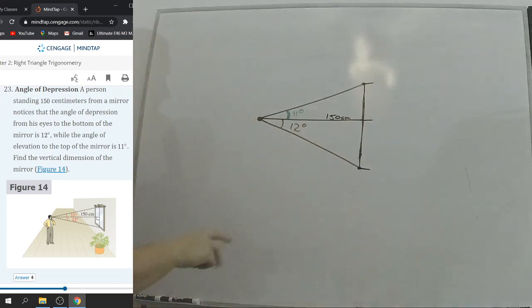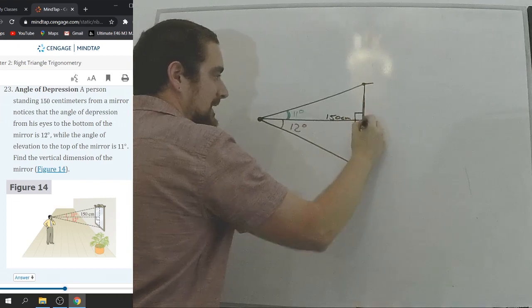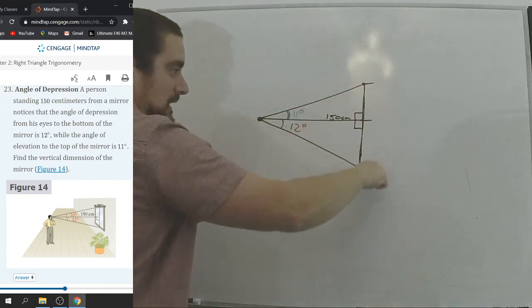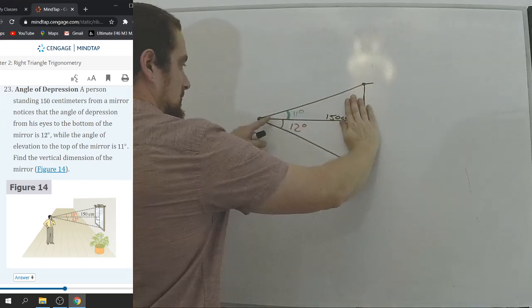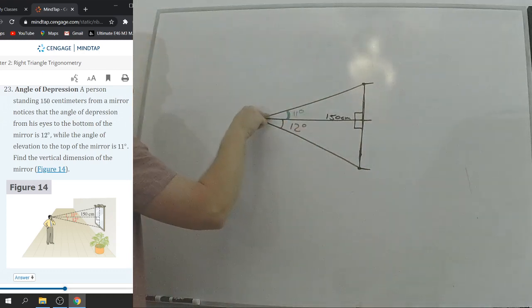But I'm going to break it down into two right triangles. Remember, this is right angle applications. If you try to find that whole height in one shot, you're not looking at a right triangle. This angle, this angle, and this is the combination of two angles. You can find it by adding those two together, that's just 23 degrees.